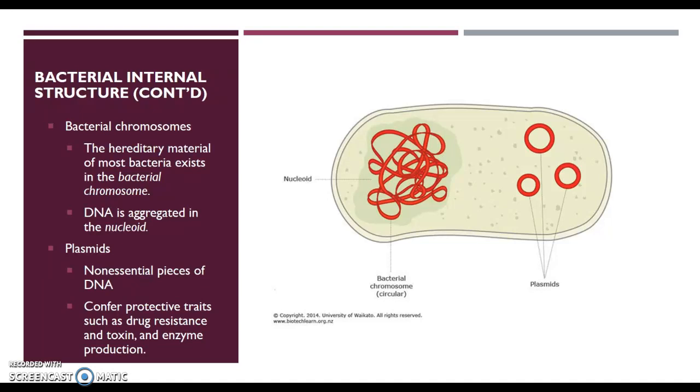Some bacteria also have small circular pieces of DNA that are found within the cytoplasm called plasmids. And plasmids typically do not contain essential genes, but they do frequently contain genes that code for things like drug resistance, toxin production, production of different enzymes, and they tend to increase an organism's virulence or ability to cause disease.